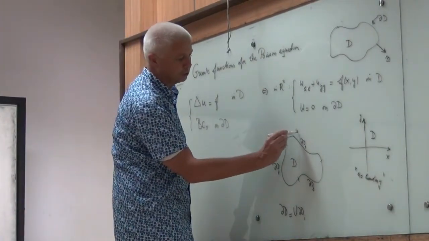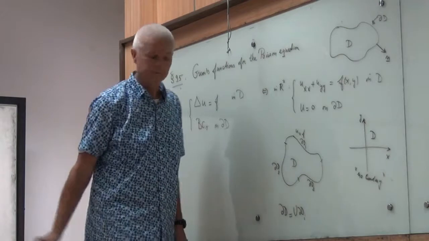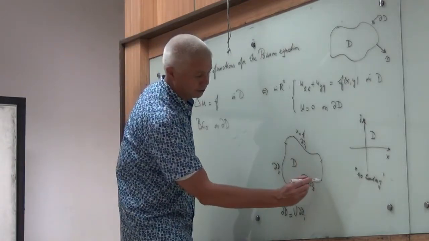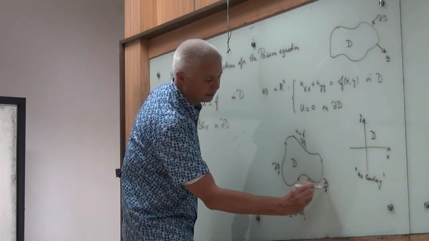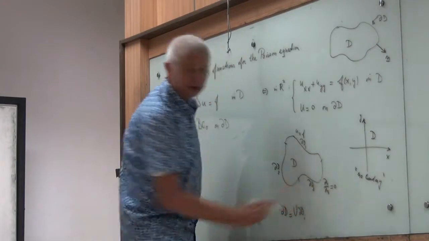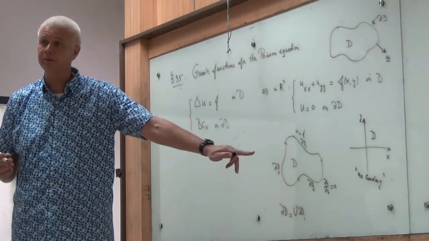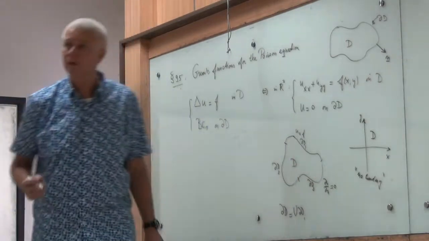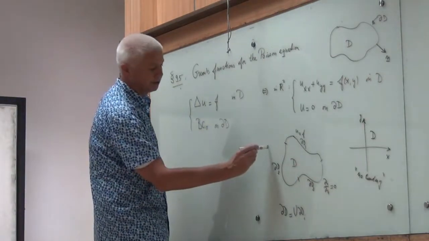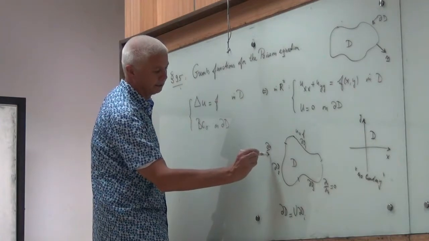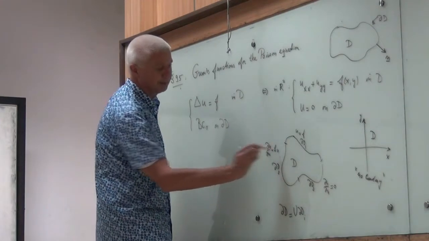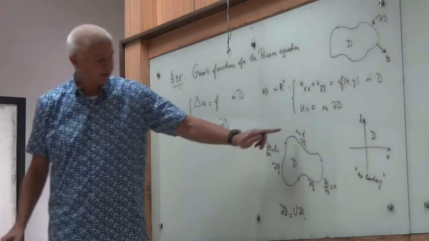Yeah? And then here you might specify, for instance, u is a function f. Here you might, for instance, specify that the du/dn is 0. That means that there is no heat flow through that boundary at that point, at that interval. And here you might say, for instance, that the heat flow, the du/dn, is proportional to the temperature.